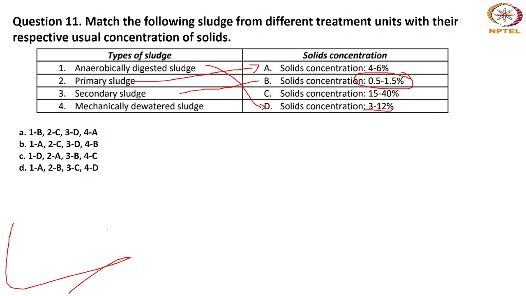And then the mechanically dewatered sludge, we are getting a solid concentration of 15 to 40%. So if we use the mechanical dewatering process, we are getting the highest solid concentration. In case of primary sludge, we are getting the solid concentration very low.